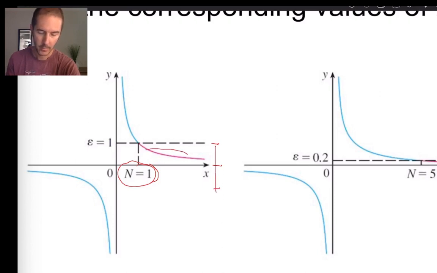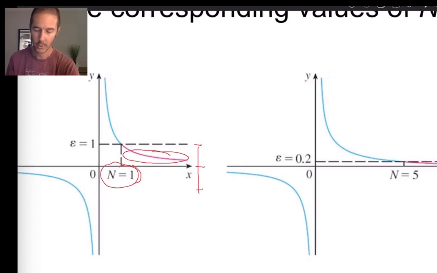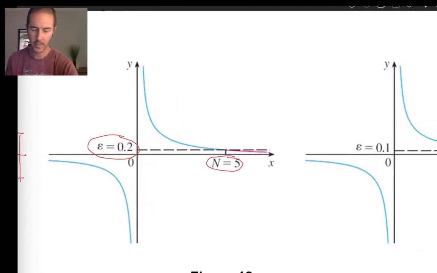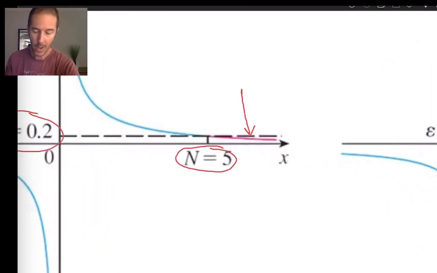And sure enough, the function is within that range. And then we go on and say, well, let's make epsilon even smaller. Let's make it 0.2. What's 1 divided by 0.2? Well, that's 5. What happens if we look at our function values where our x coordinates are larger than 5? Well, the y values will still be within 0 plus or minus epsilon. And there they are, drawn in magenta for us there.